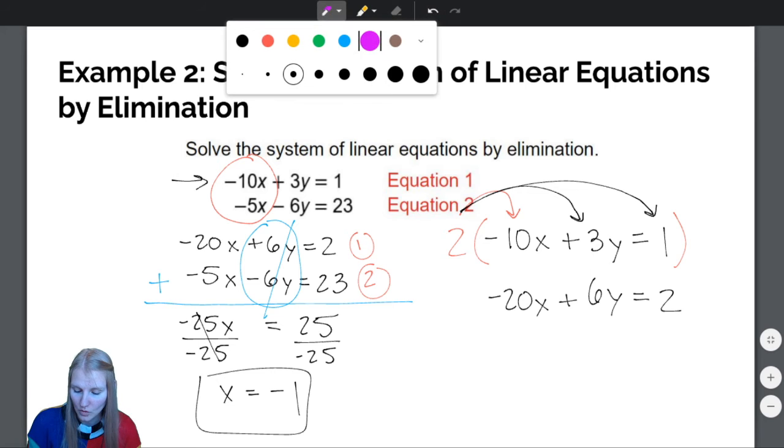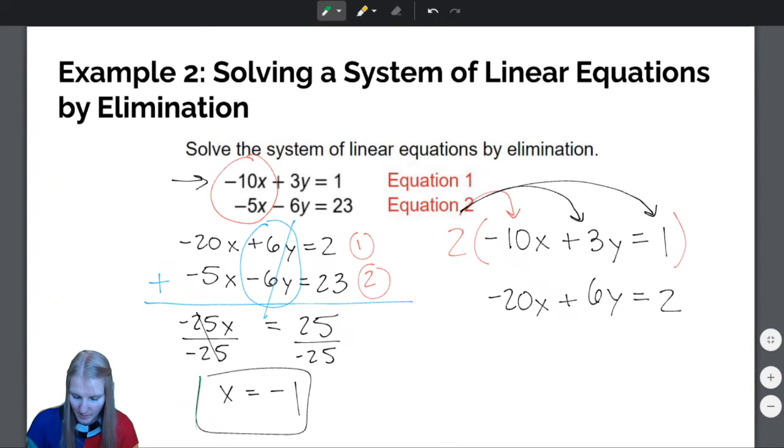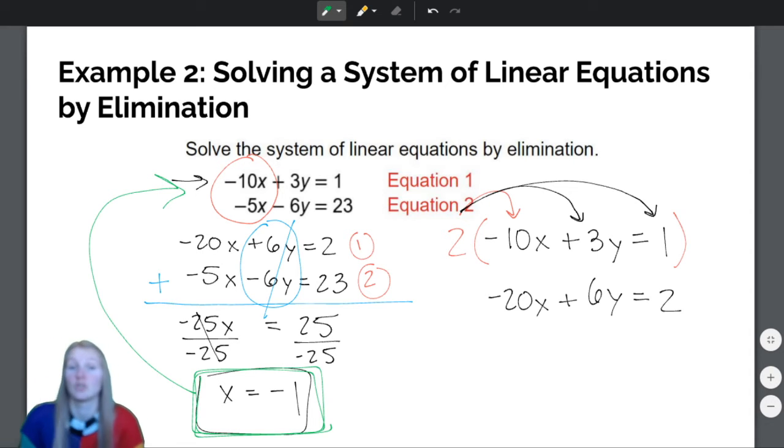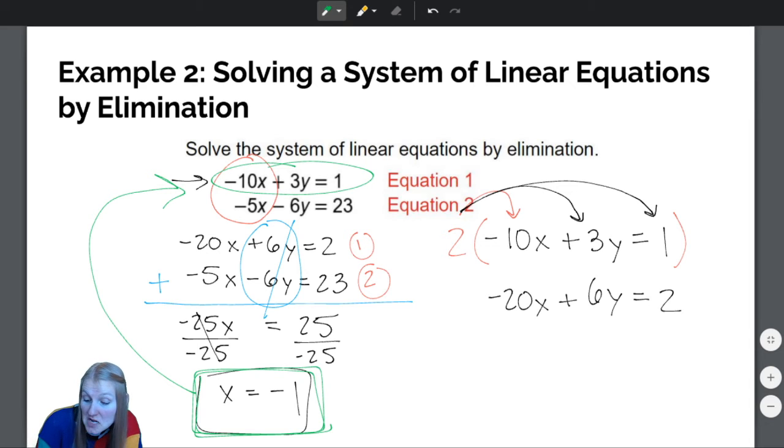Now we can use this number that we have gotten for x. We can plug it in to one of our original equations. Now, both of the original equations have negatives in them. Sad. But which one's going to be the easiest? Let's see. Maybe equation number 1, since it has the fewest negatives. So let's do that.